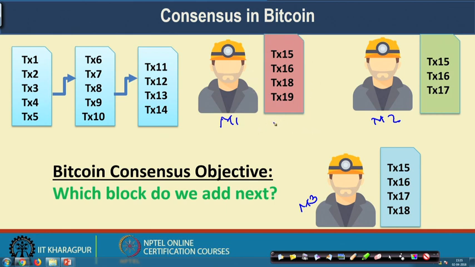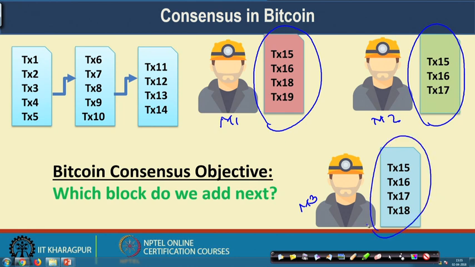M1 has constructed a new block from the transactions that he or she has heard of. M2 has constructed another block of transactions, M3 has constructed a third block, and interestingly it is not necessary that every miner will have the same set of transactions. There can always be differences between the sets of transactions heard by the individual miners, and that is why the proposed blocks are different for different miners.